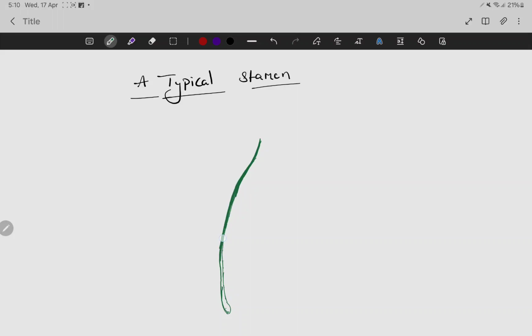It's a very simple and easy diagram. Just you need to draw the stalk. That's it.